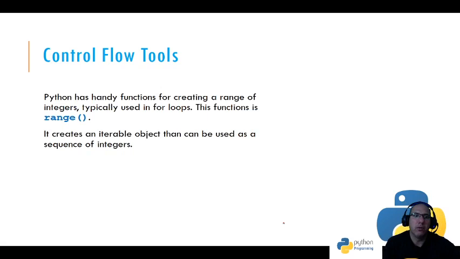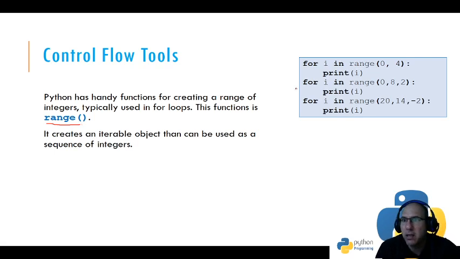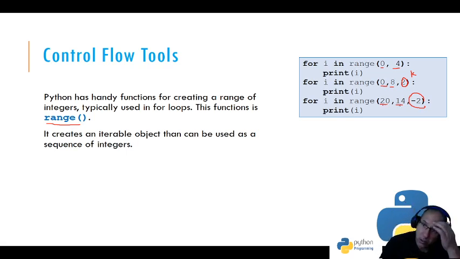These are the control flow. This is the range that I talked about before. It gives you an iterable, and you can have it from some start to some stop, or with the step that we talked about in the sequence. It can be a negative step, because the start is bigger than the stop.